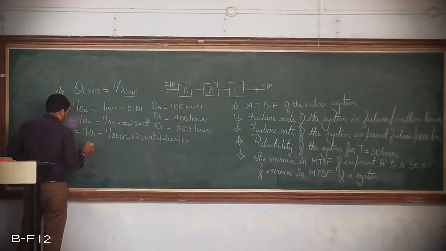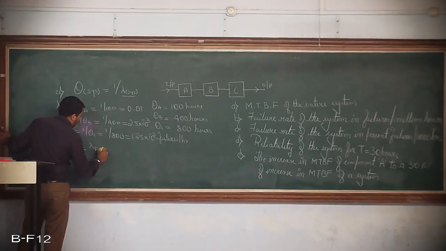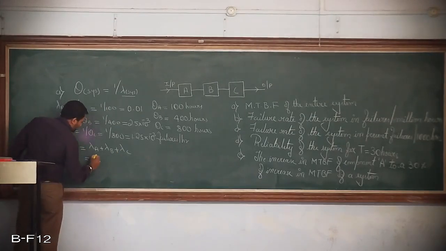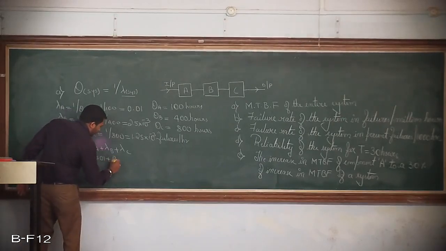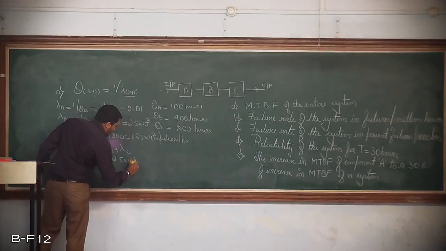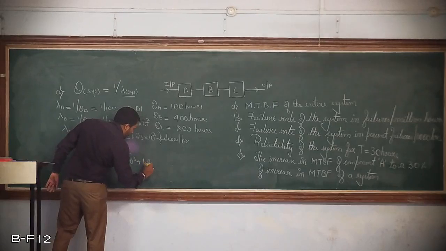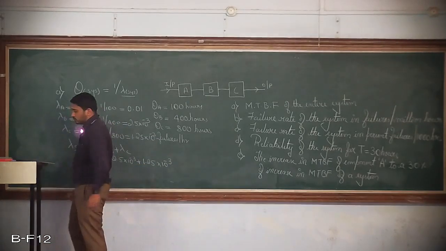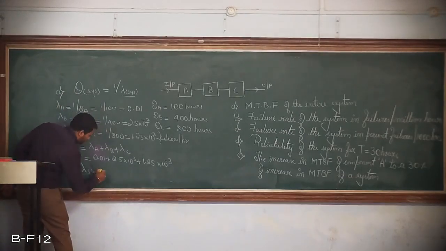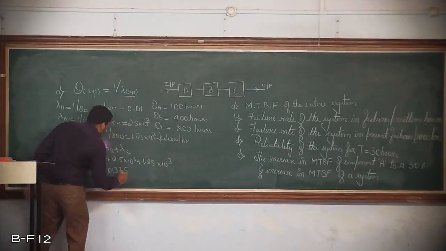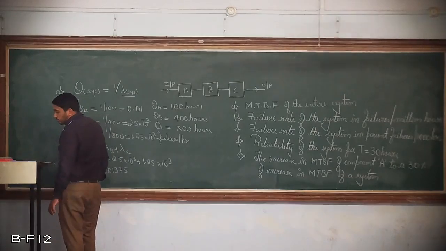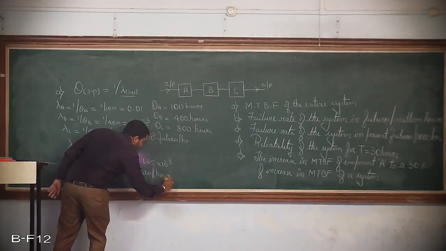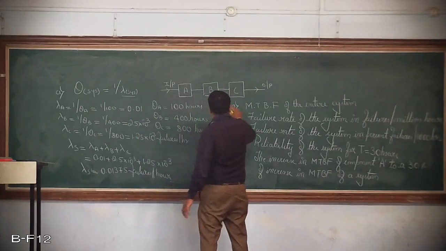For that system, the failure rate per hour of the entire system is equal to the sum of the component failure rates. So that is A.